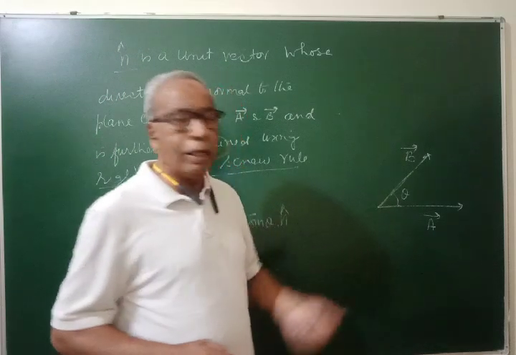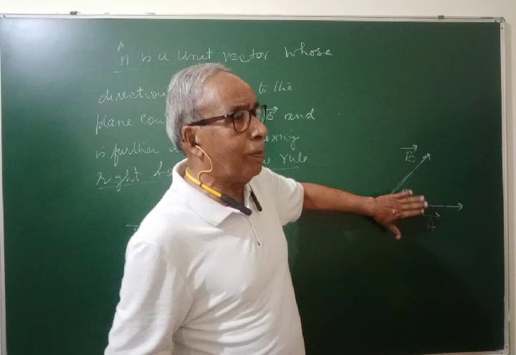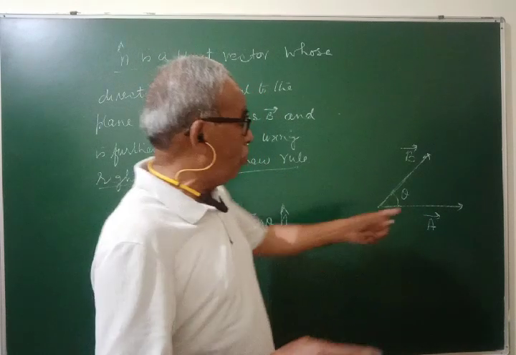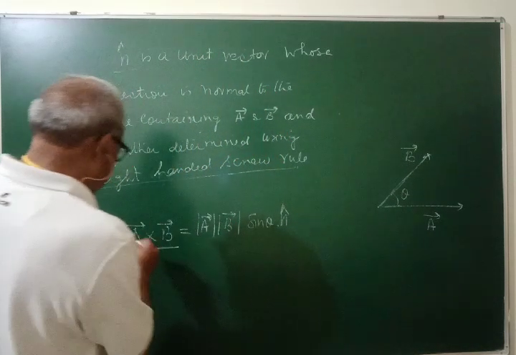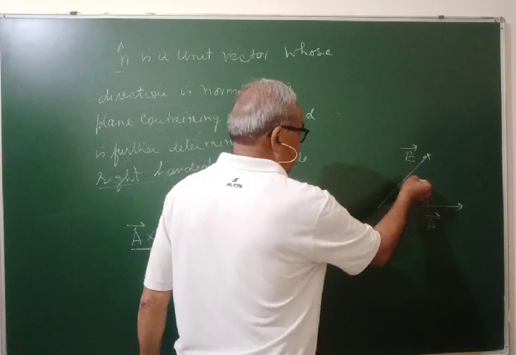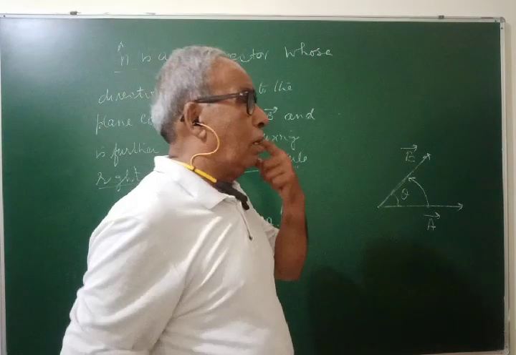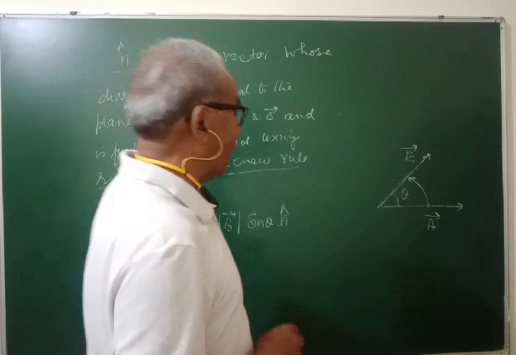If we place a right-handed screw whose axis is normal to the plane containing vectors A and B, and then rotate the screw from A to B or B to A, depending on what you are finding. If you are finding A cross B, then you have to rotate the screw from A to B. Then the screw will move upward. So the linear motion of the screw will give n cap.